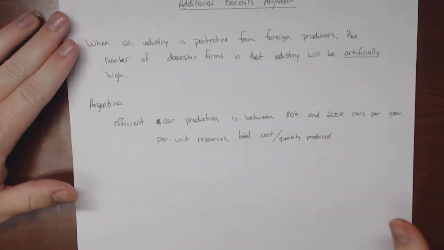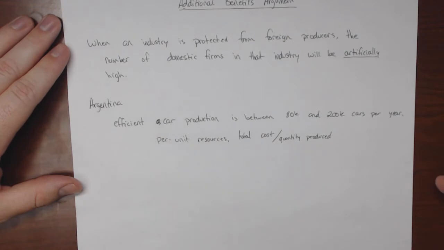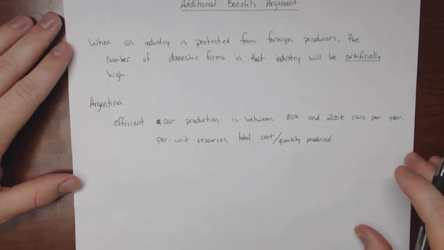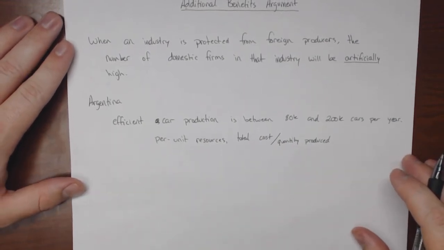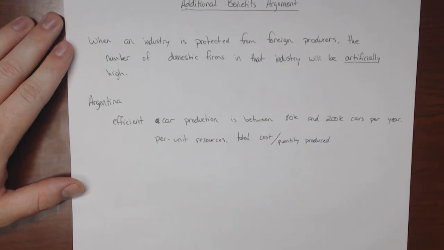Okay, so think about perhaps your garden. If you grow corn in your backyard, just for fun, the per unit cost of that corn, or the cost per ear of corn, is probably going to be kind of high, right?